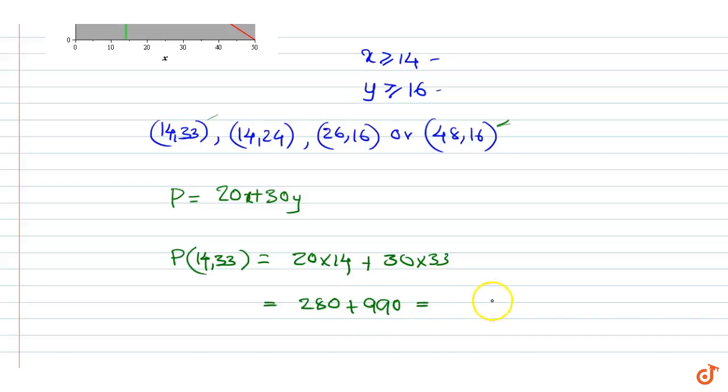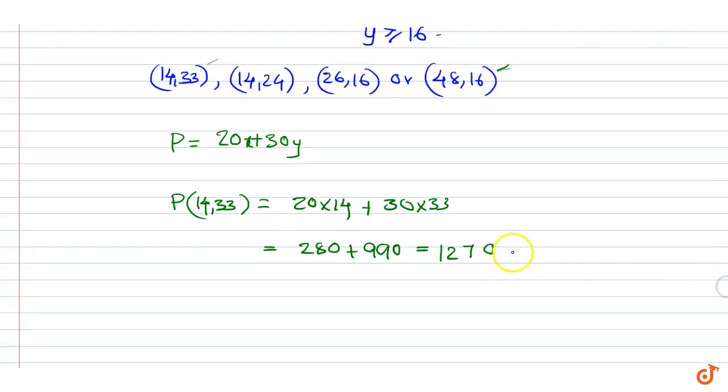This is equal to 1270 rupees. The profit at this corner is P(48, 16). This is equal to 20 into 48 plus 30 into 16.